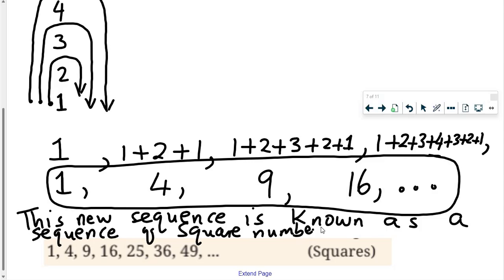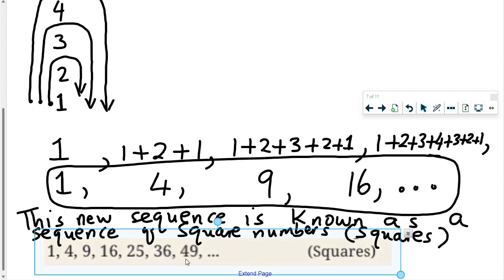A sequence of square numbers, or some other people call it squares. All right? So I hope that is clear and it helps.